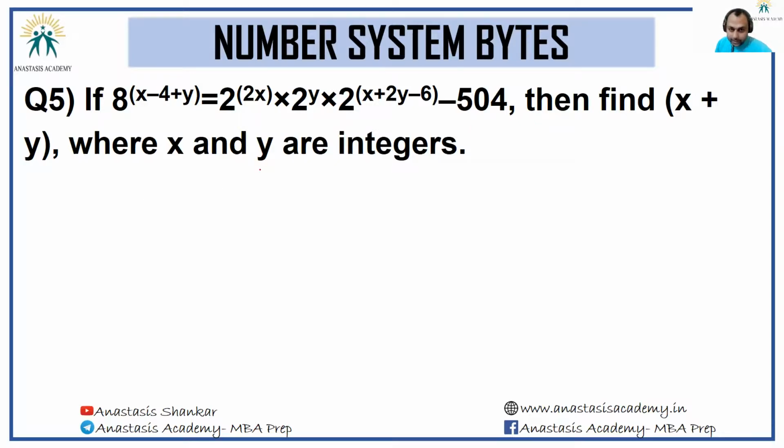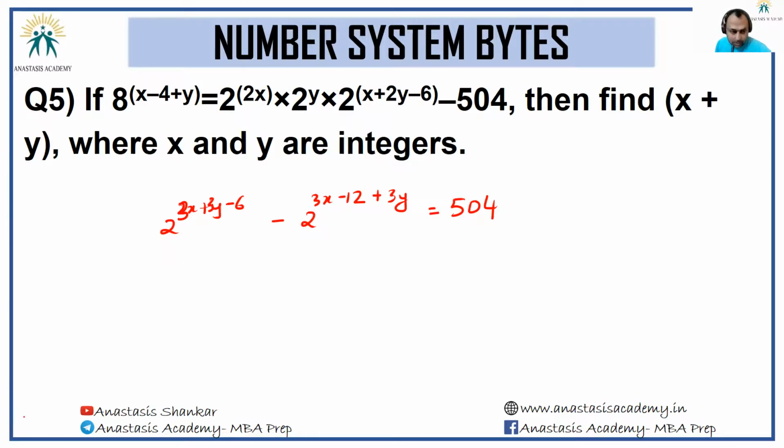Ideally, how this should be written down is, I'm writing down the right expression: 2 raised to the power 2x plus y plus x plus 2y, so 2 raised to the power 3x plus 3y minus 6, minus 2 raised to the power 3x minus 12 plus 3y, is equal to 504. I've taken 504 to the other side and brought this expression to this side.